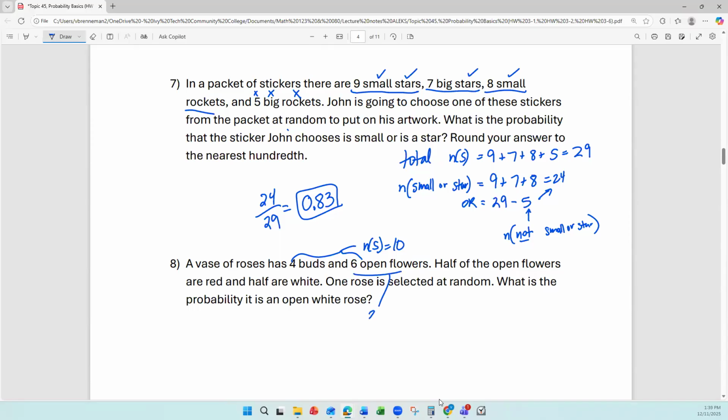That means that's made up of 3 red and 3 white. Then 1 rose is selected at random. What's the probability it is an open white rose? So there are 3 that are open white out of the 10, depending if you're asked for decimal or fraction, 3/10 or 0.3.